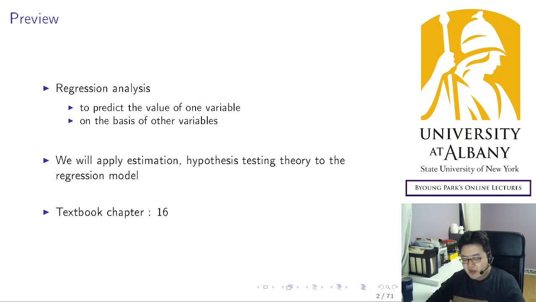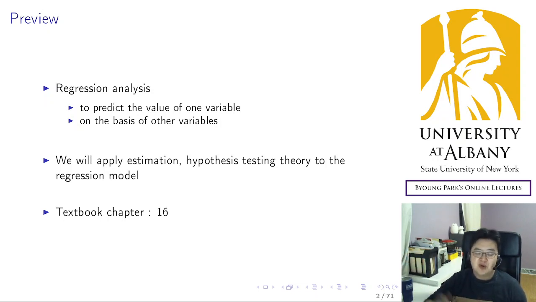So let me explain. The regression analysis is to predict the value of one variable on the basis of other variables. So using other variables, we would like to explain another. For example, I would like to use the number of vaccinated people to predict the COVID cases next week.